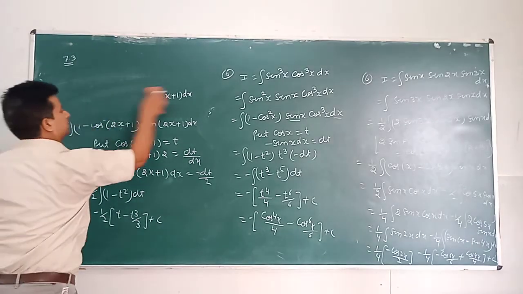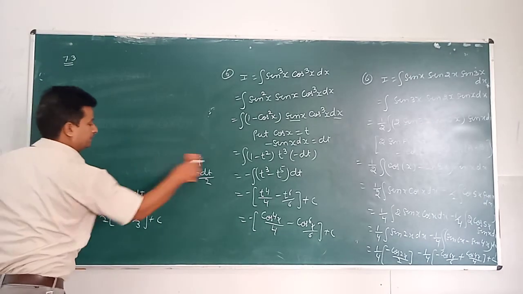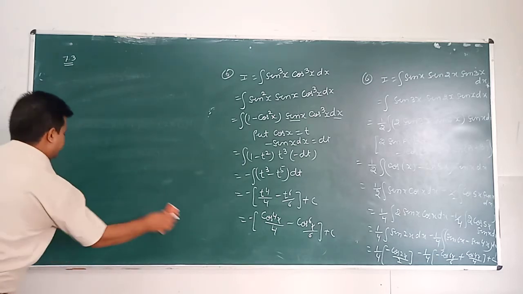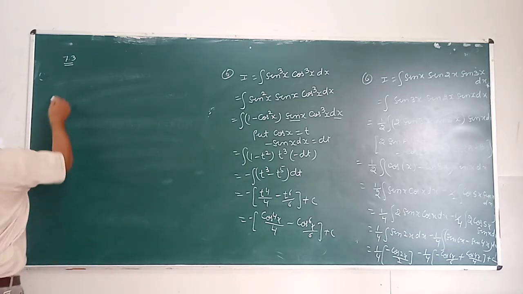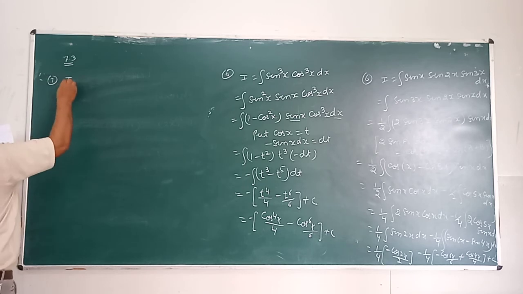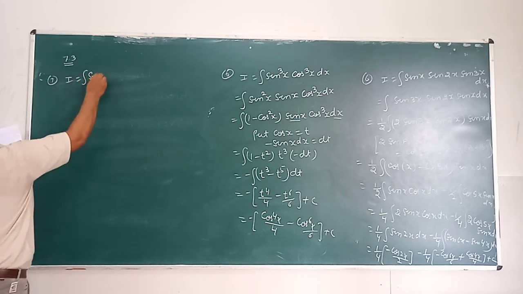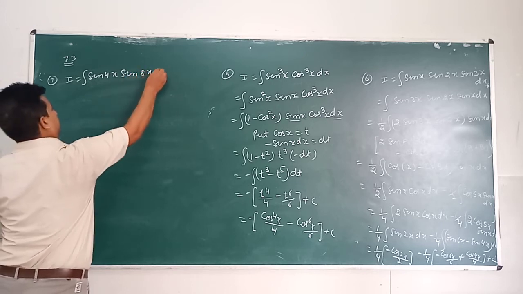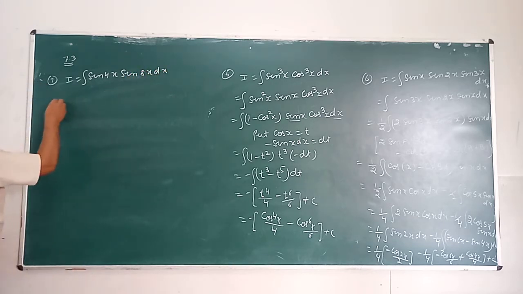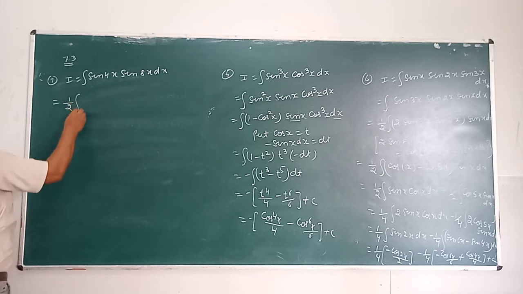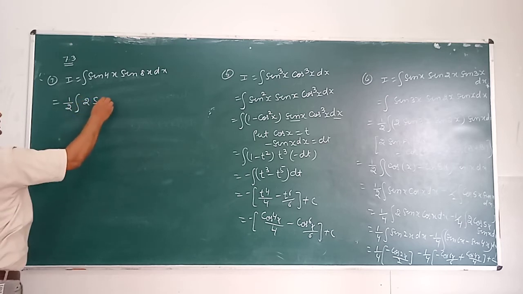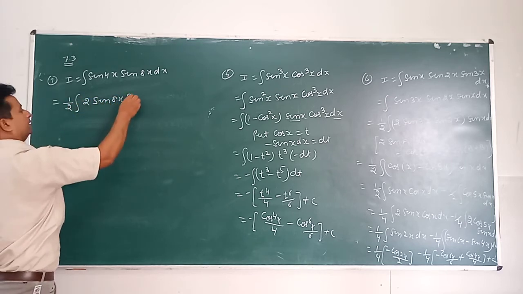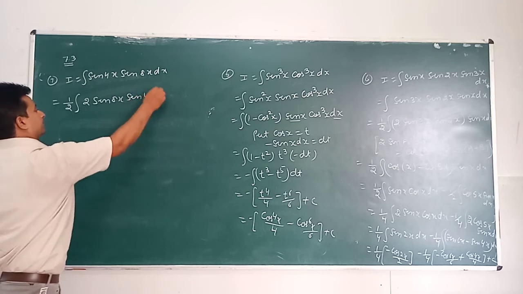In question number 7, the statement is I equals sin 4x into sin 8x. So first we divide by 2, multiply by 2 and write this in decreasing order.